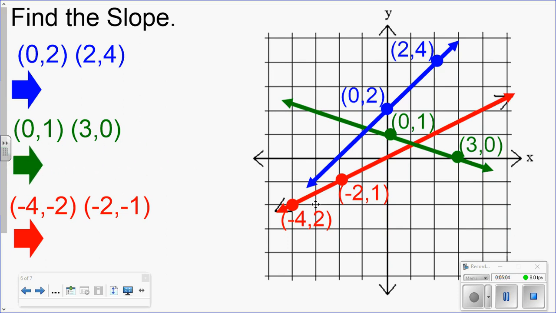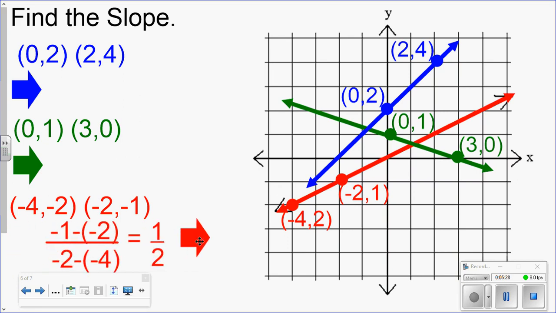Let's look at the red line. The red line is positive. If we look at the y values and we count, we're going from -2 up to -1. So that's going up 1, and we're going from -4 over to -2. It looks like we're going right 2.